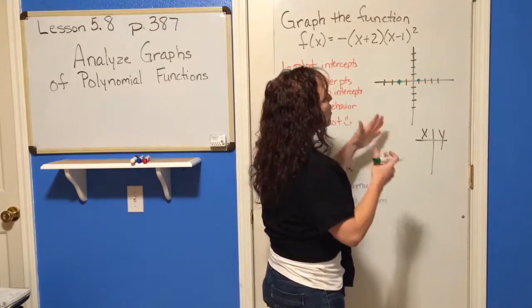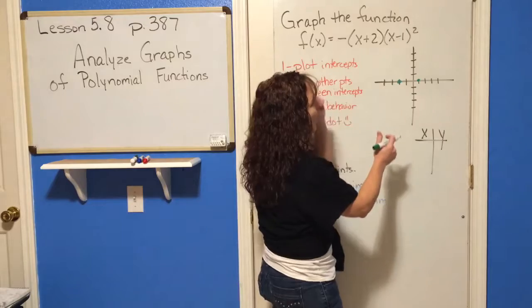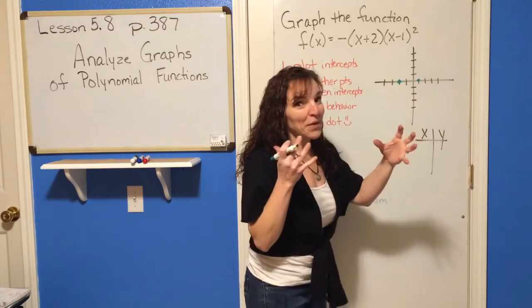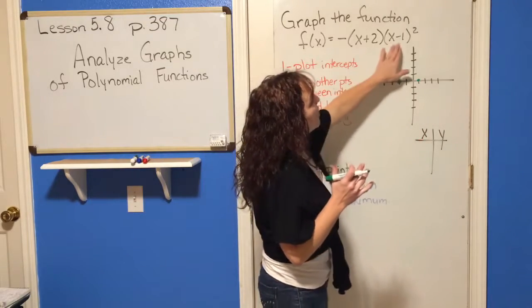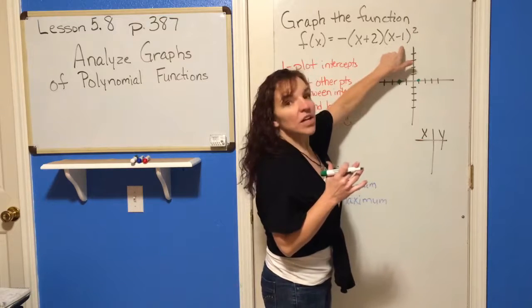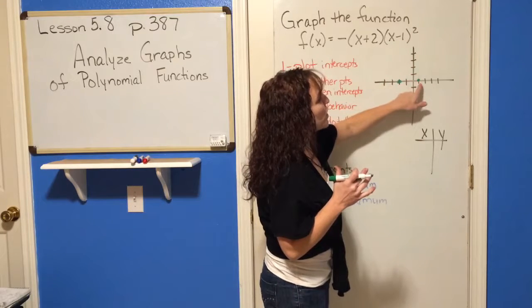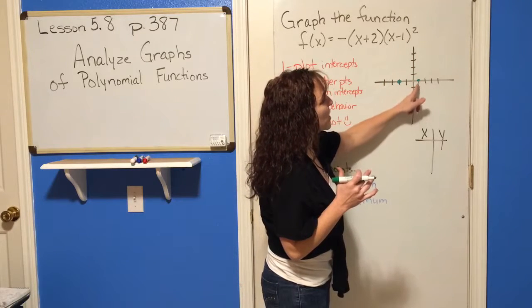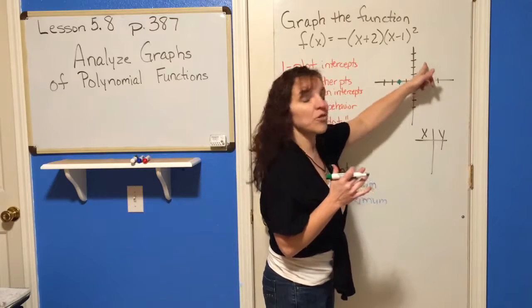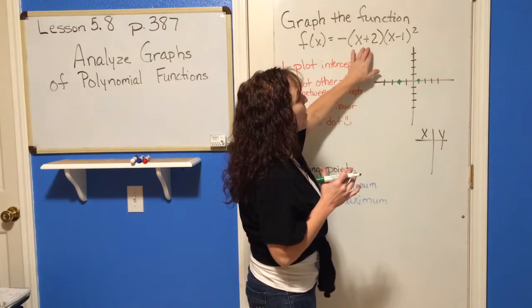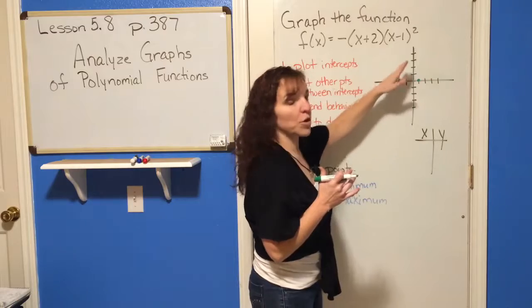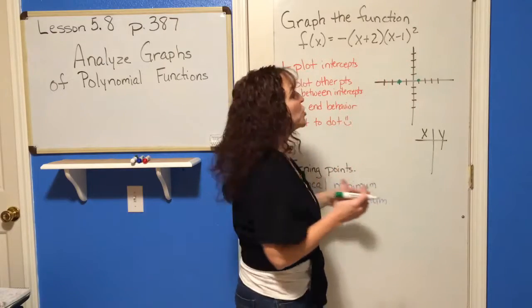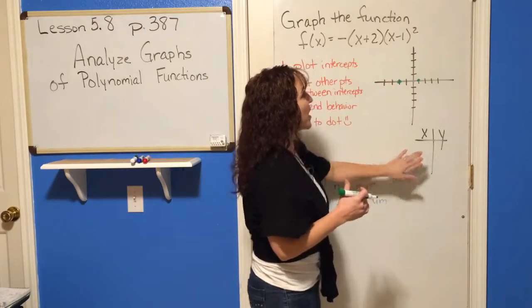We know that it's going to cross. And remember from what we talked about before, if you've got an even number of solutions, this one is going to be tangent. So this one is either going to come up from below or come down from above. And this one, remember, is going to cross, either going down or going up. So now we have to determine which. So we're going to do that by plotting some points.